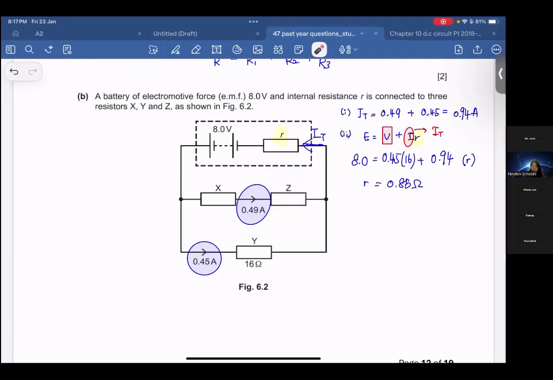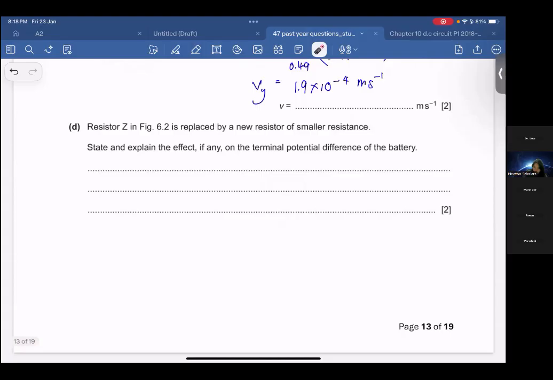Here, as long as we close the switch, the terminal potential difference of the battery is actually asking you for the voltmeter reading.